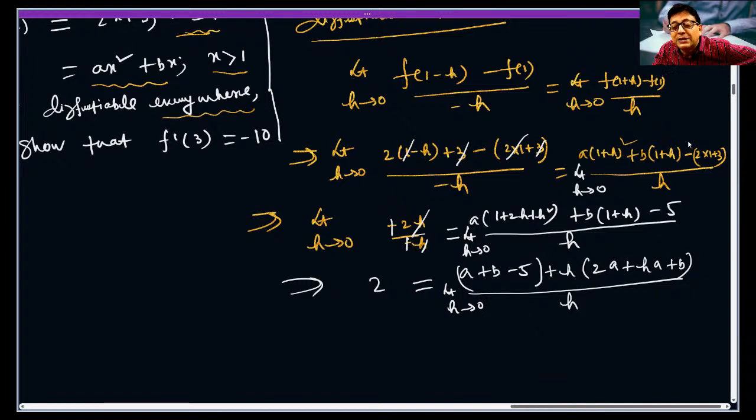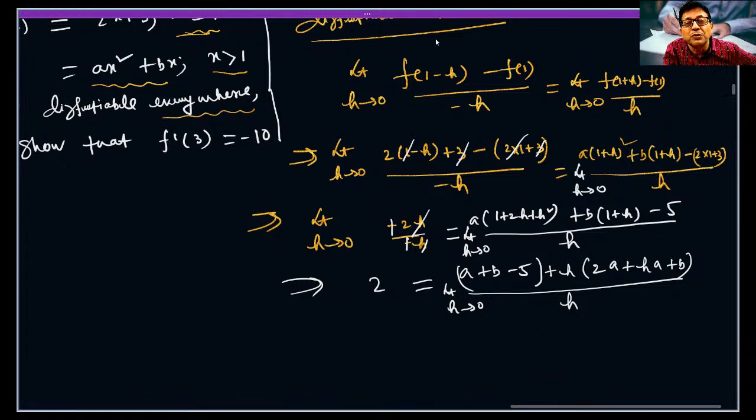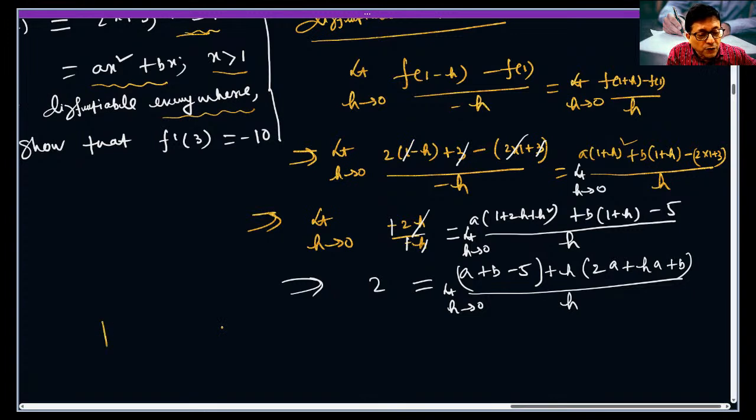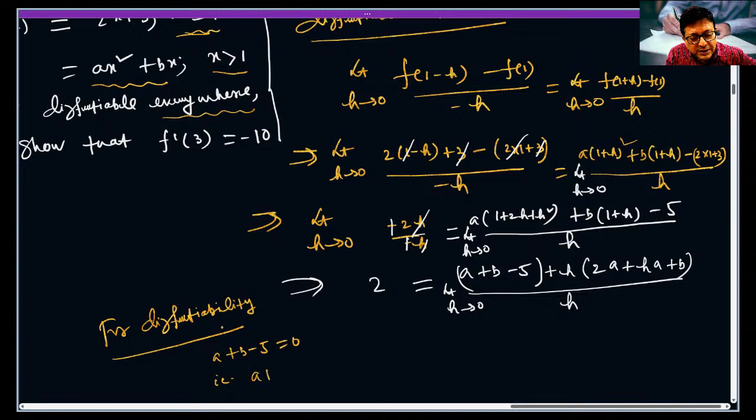So for differentiability, this part has to be 0, otherwise the limit on RHS will not exist. So what does this imply?